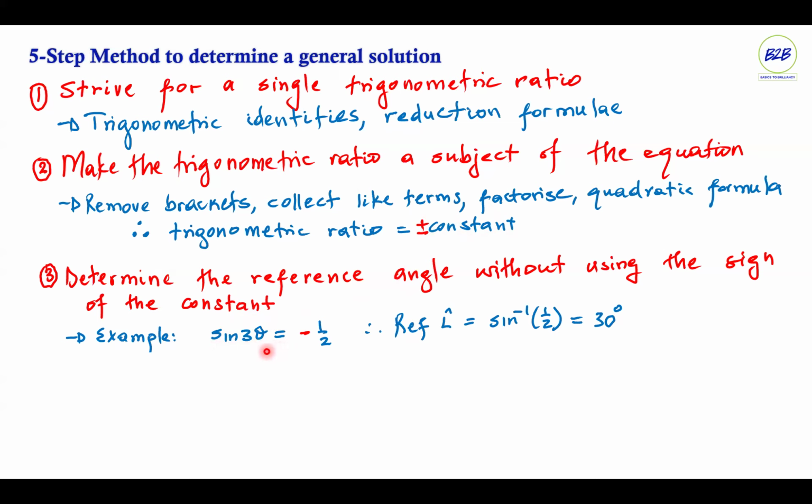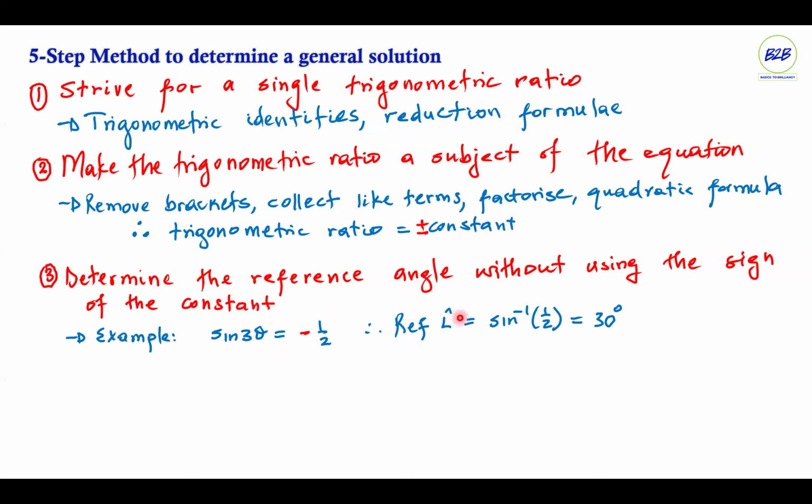Then sine 3 theta is equal to negative 1 over 2. So sine in this case is the trigonometric ratio, and it is the subject of the equation. On the right-hand side, we have our constant, and it is a negative constant.